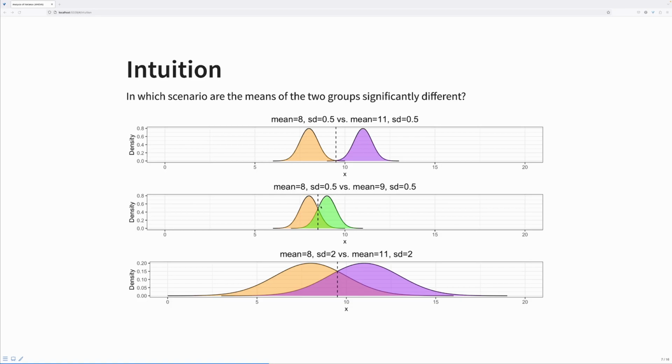The curves start to overlap, which may suggest a smaller difference in means. And the last one has the same means as the first scenario, but with a larger standard deviation of 2, resulting in much more overlap, which may indicate that the difference in means may not be as distinguishable due to the increased variance within each group.